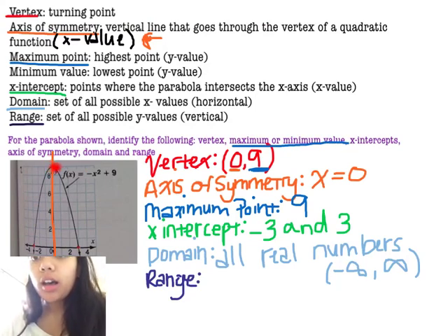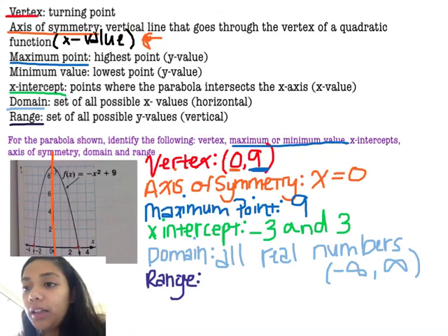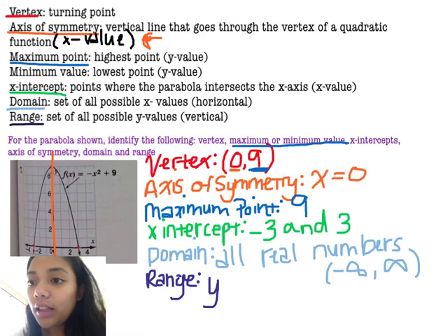Right? If for some reason I had a low value, my lowest point would be 9, if it opened upwards, if that makes sense. So my range would be y is less than or equal to 9.